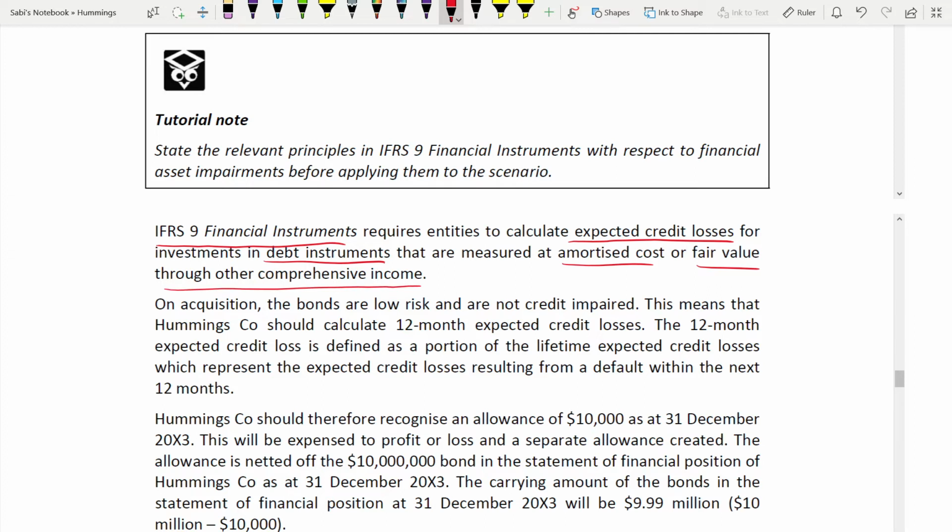In this case, you have already measured your bond at amortized cost, so it can be impaired. You have to calculate expected credit loss, or if it was at fair value through other comprehensive income, also you have to calculate expected credit losses. But if it was fair value through profit and loss, you don't have to calculate expected credit losses. Please understand this. This is from your IFRS 9.